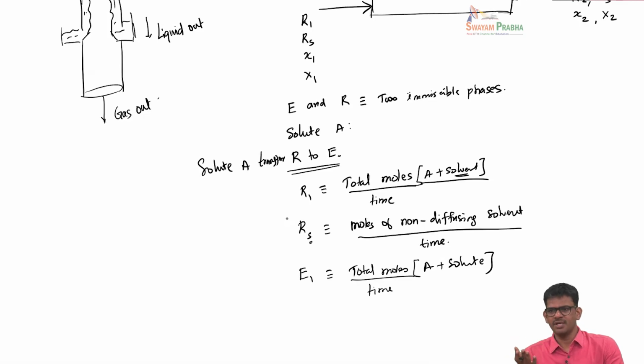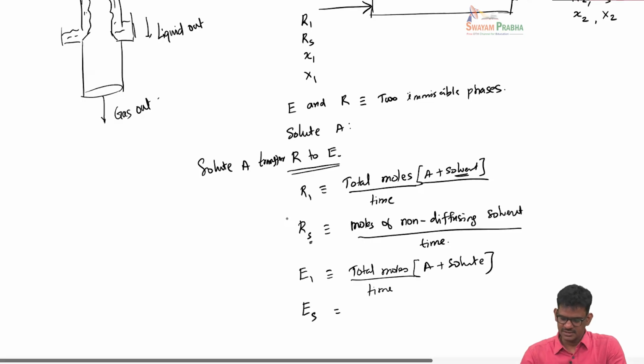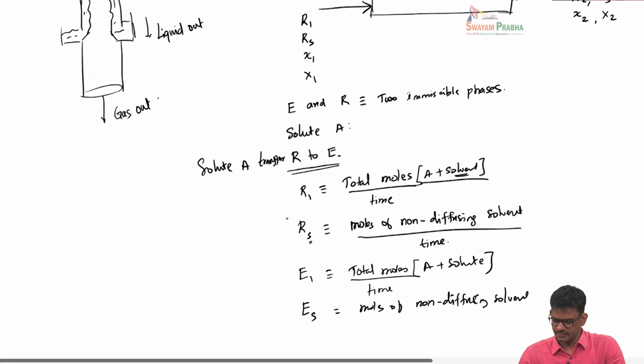So E phase can be an aqueous solution of CO2 and water. Water is ES, the moles of non-diffusing solvent per unit time. This is a molar quantity.